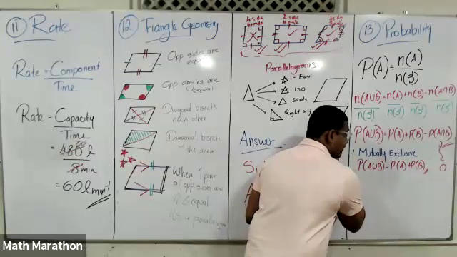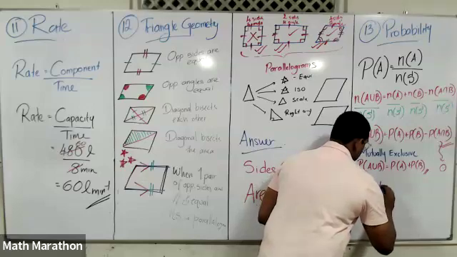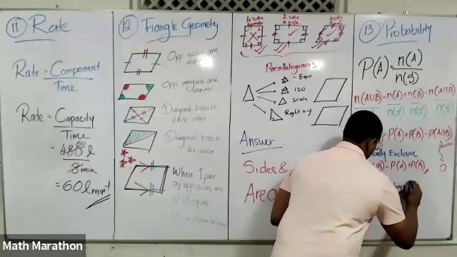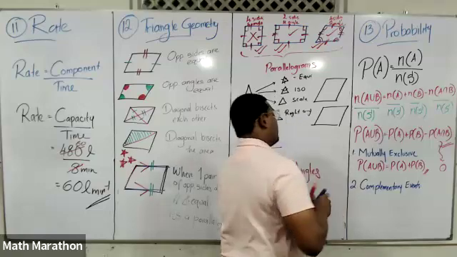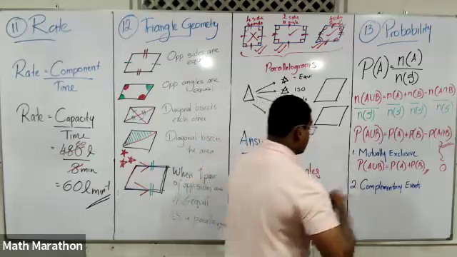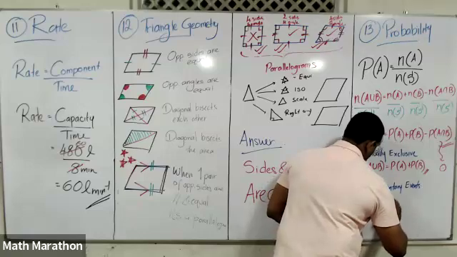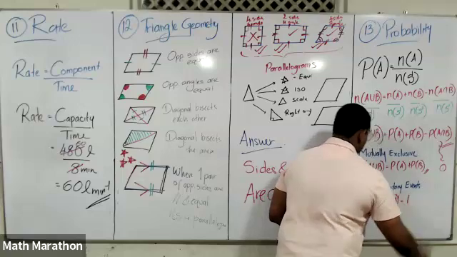The second one, what we did is complementary events. In complementary events, what we studied is probability of A plus probability of A dash equals 1.